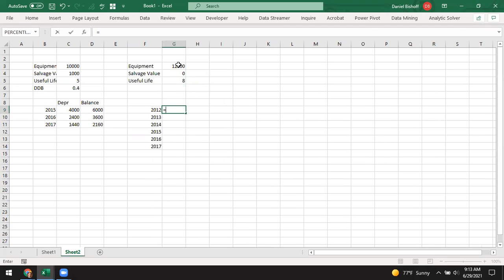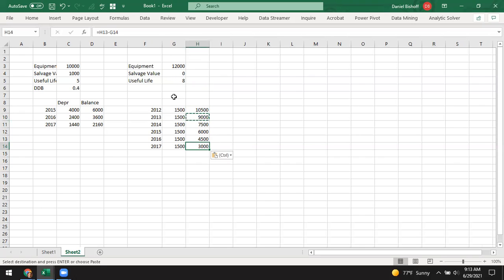So this calculation is pretty simple. It's just our equipment divided by our useful life. Depreciation stays the same throughout. Our value is going to be our starting balance minus our annual depreciation. So in 2017, what is the loss?